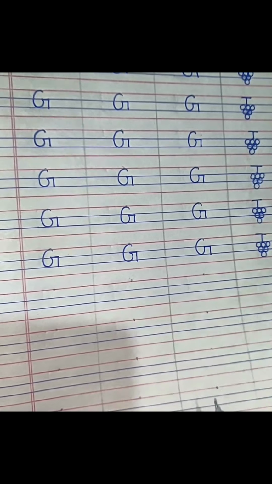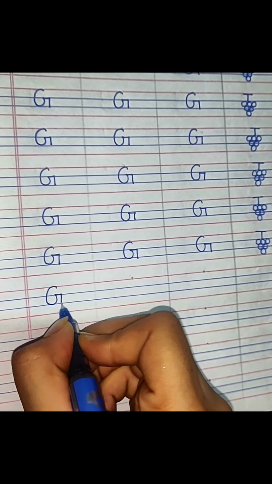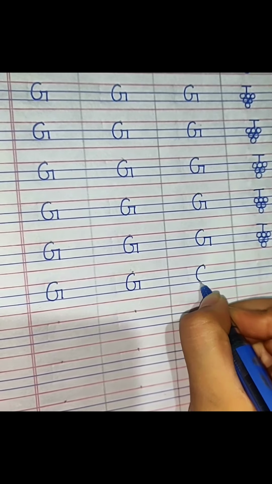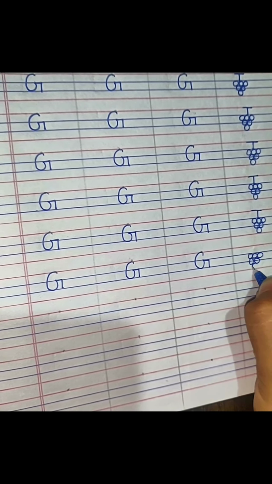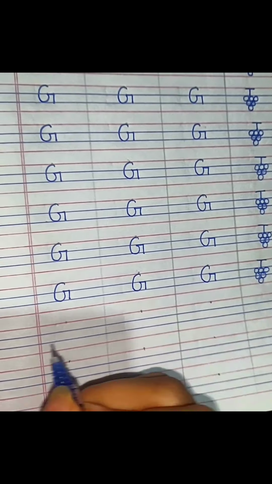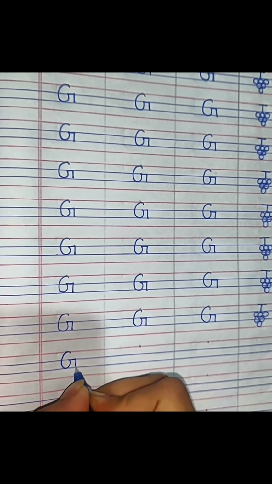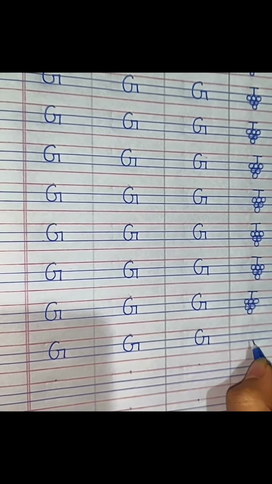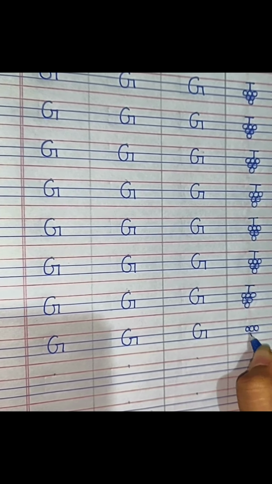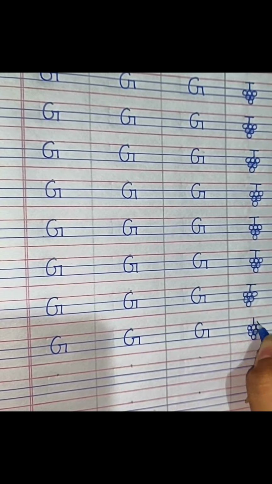G for grapes. What is the color of the grape? Green. Yes, the grape is also available in other colors. Can you guess which it is? G says G, G, G, grapes. Who all like having grapes?